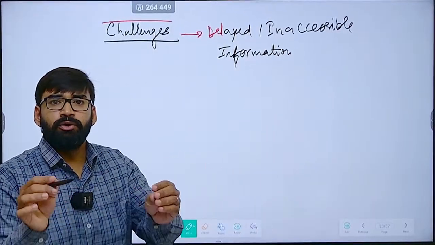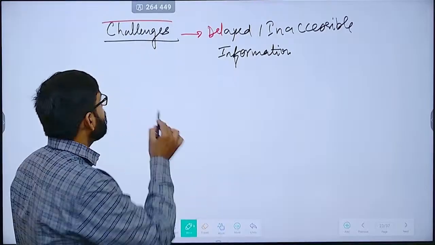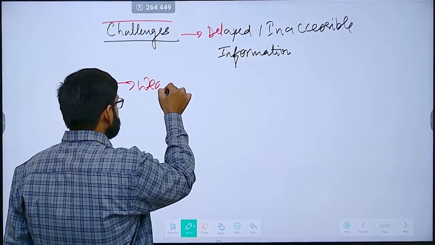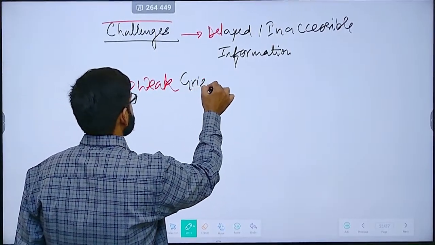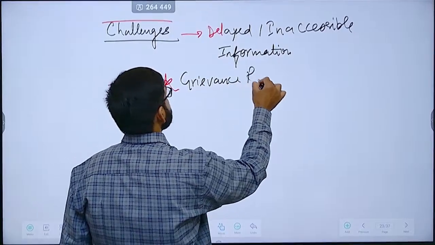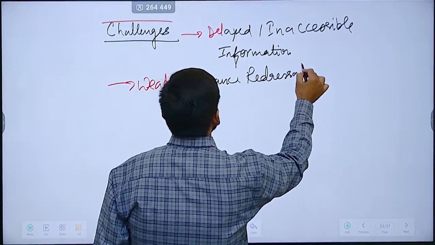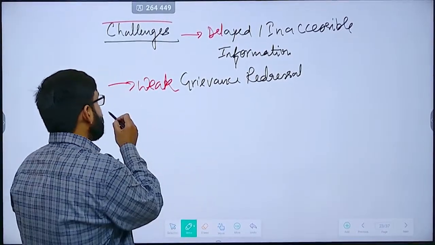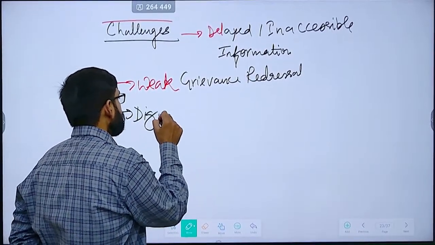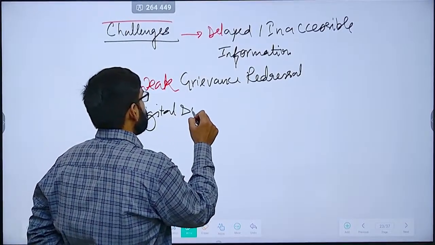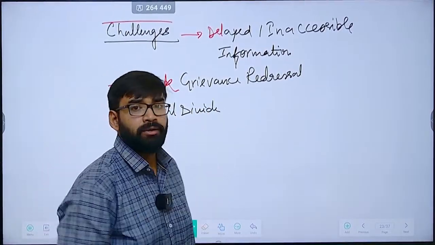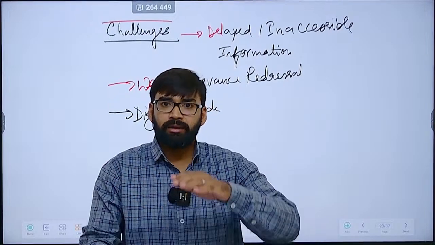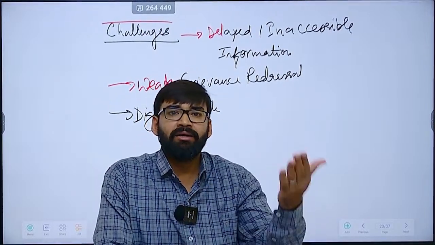Clear? Then you can mention weak grievance redressal mechanisms. Clear? Then you can mention the digital divide. Yes, digital divide. Clear? It can actually create formal rather than meaningful accountability.